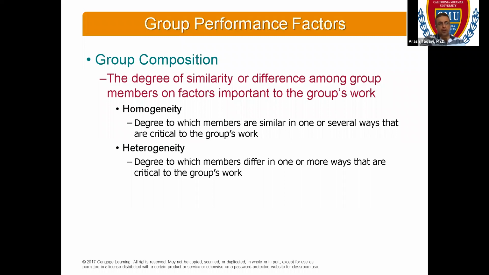Why? Because it is related to the desirable group function. What type of function do you want from this group as a production, as a result? For example, if you want a creative group, similarity is not so good. Why? You want some creativity. Creativity is the result of brainstorming in different aspects, not the same angle.